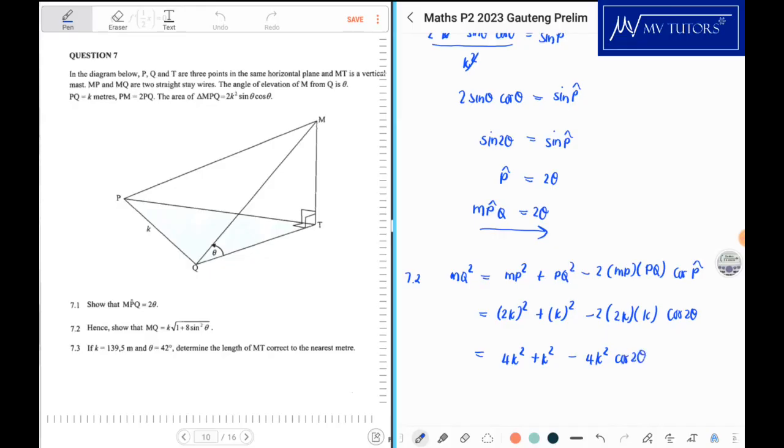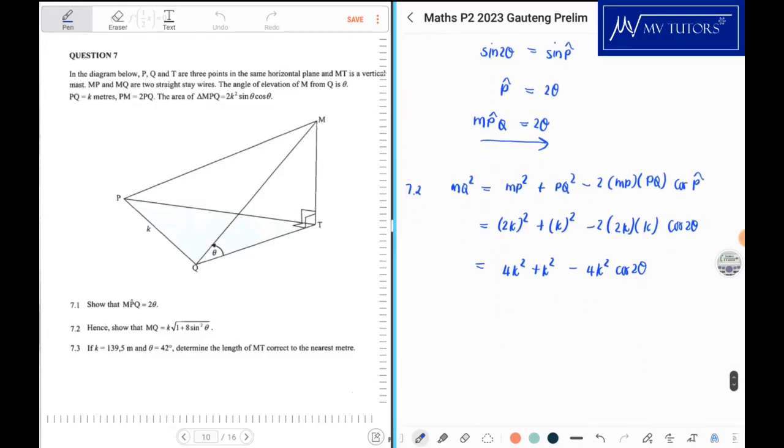And all the while, I need to keep looking at my answer just to see, am I getting closer to it? Okay, so basically now I have 5K squared minus 4K squared cos 2 theta.